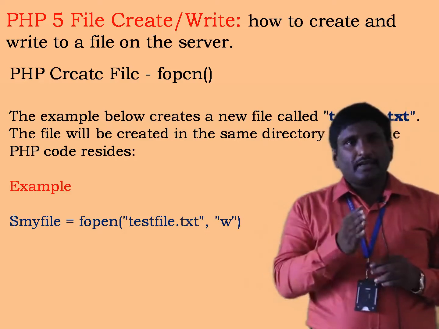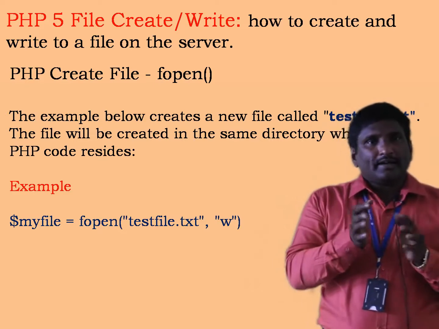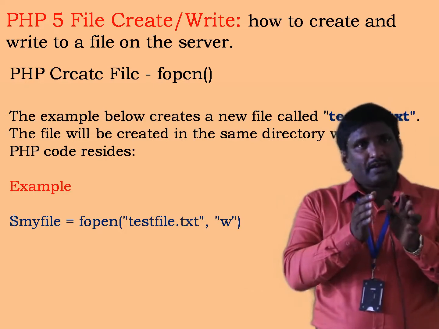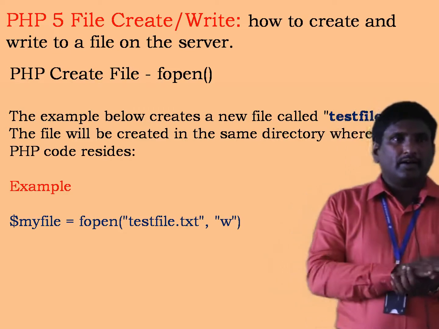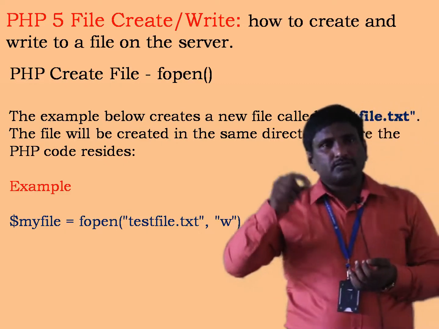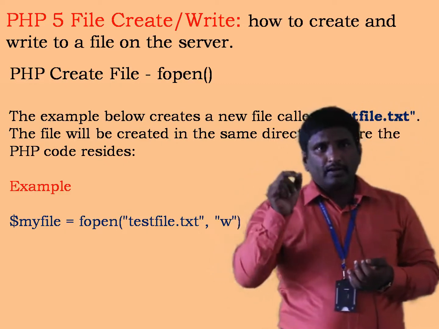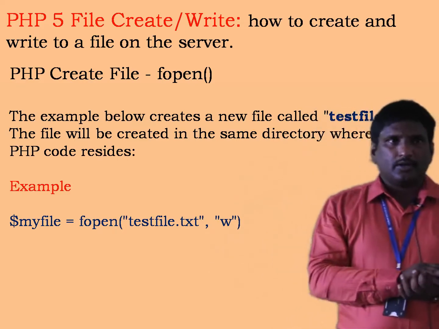Here W stands for write. It means that the contents of testfile.txt will be erased, and newly added content will be written onto it. Whatever operation you perform on a file, first you should open the file using this syntax.